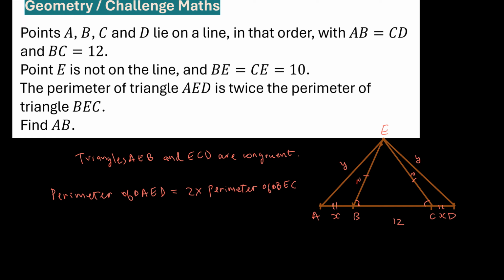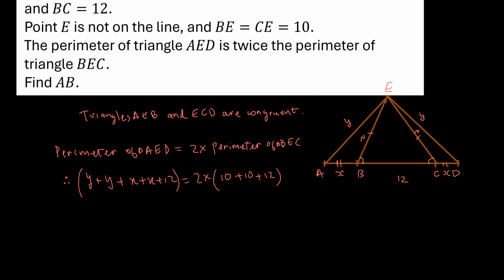So AED would be y plus x plus 12, and that's 2 times the perimeter of BEC, so that is 10 plus 10 plus 12.